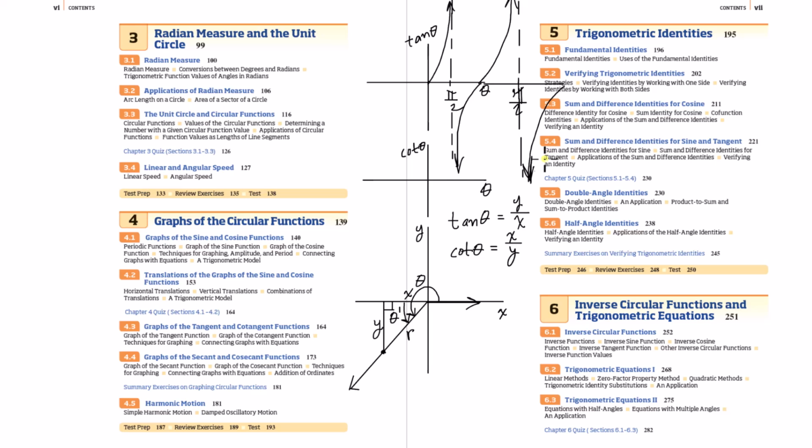So if we look at this, we can see the period. It's going to be repeating this pattern over and over again. This is 3 pi over 2, and 3 pi over 2 minus pi over 2 is pi. So the period is going to be pi, right? We repeat this pattern every pi.